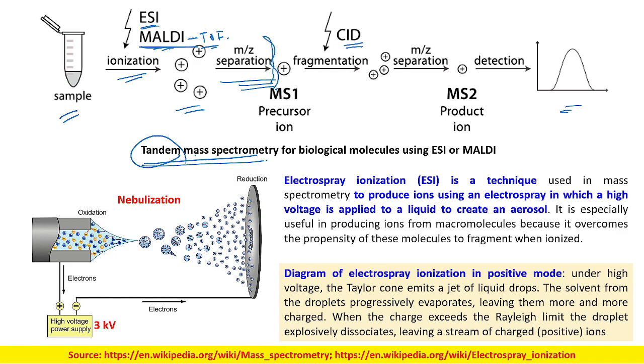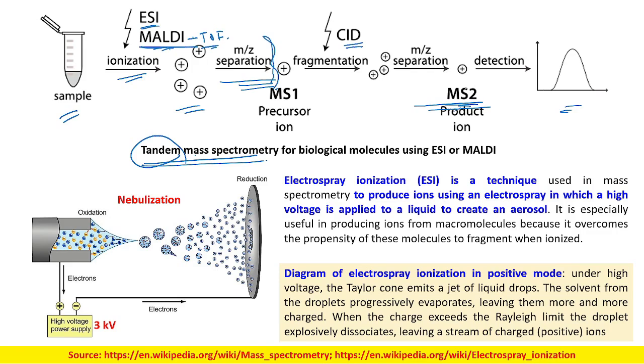In that separation, the first we will be getting are the larger fragments. Then these larger fragments will first get into the MS2, that means the second mass spectrometer. As I told you, the fragments with larger masses will come out and again enter the second mass spectrometer, and then accordingly you get the peaks.